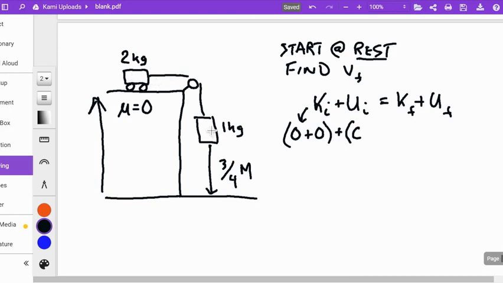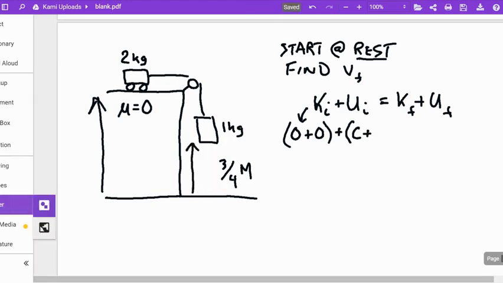The dropping mass does have a potential energy. Let's measure that going from the ground up, so from there to there, and that's 3/4 meter. That's equal to mgh. Potential energy is mass times gravity times height.